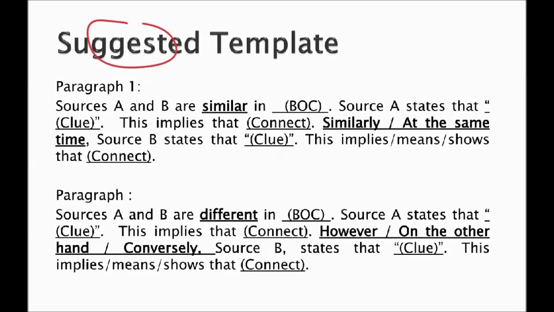So now here is a suggested template. What do I mean by suggested template? These are the things that your answer would need to have: the basis of comparison, the clue, the connect, the conjunction.